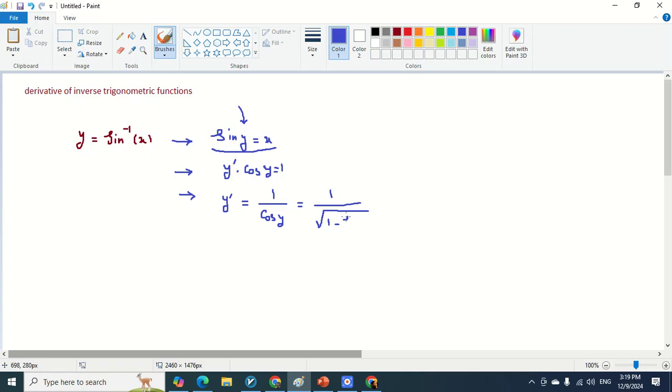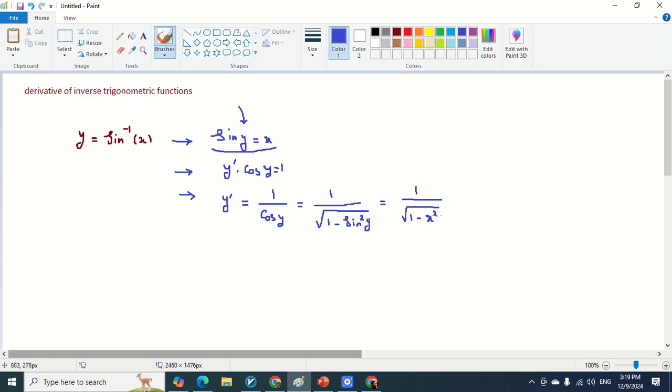So 1 minus sine square is equal to cosine square. 1 minus sine square of y is equal to cosine square, and then by taking the root you can find the cosine. So instead of the cosine of y I can put x, then I have 1 over root of 1 minus x square. This is one method to reach that formula.